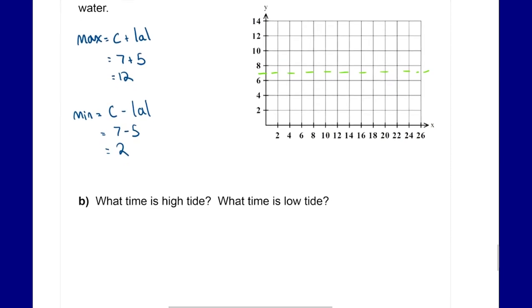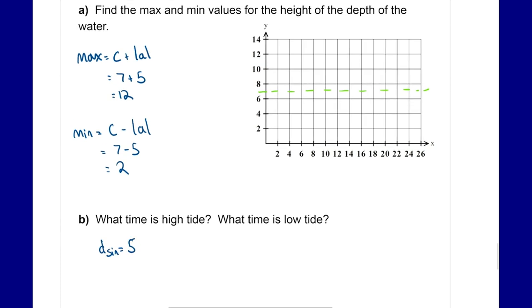So our d for our d sine is equal to 5. If I look at 5, my graph is rising upwards. I know that because of that horizontal shift of 5.